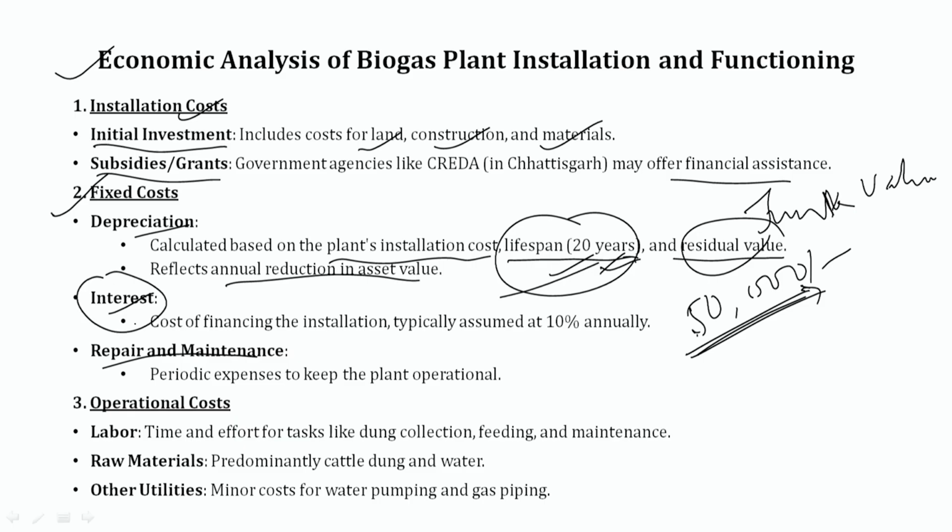And thereafter we are seeing interest, the cost of financing the installation, typically assumed at 10% annually. The repair and maintenance is a very essential thing for a biogas plant, because there is always some kind of wear and tear. So here we see the periodic expenses to keep the plant in operational condition; the repair and maintenance cost will be needed. Thereafter, the operational cost will include the labor cost, the raw material and some other utilities.